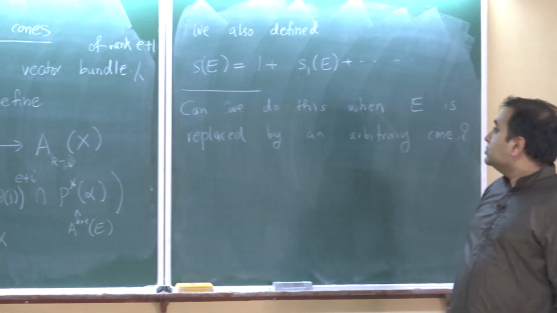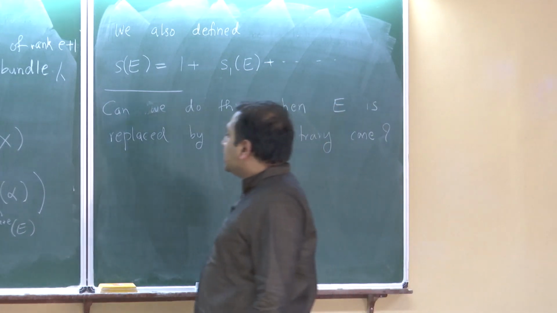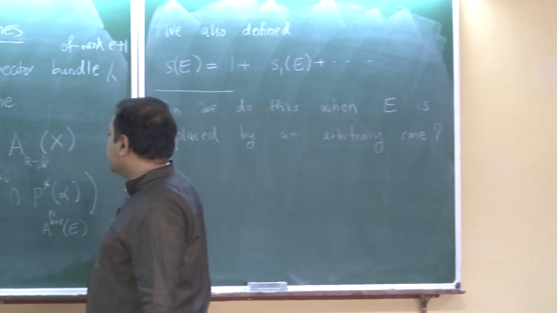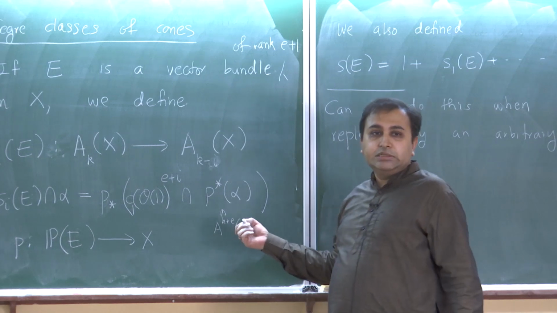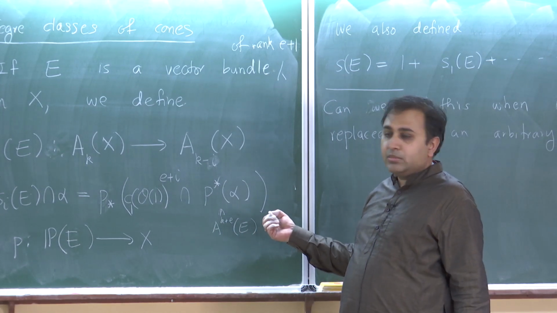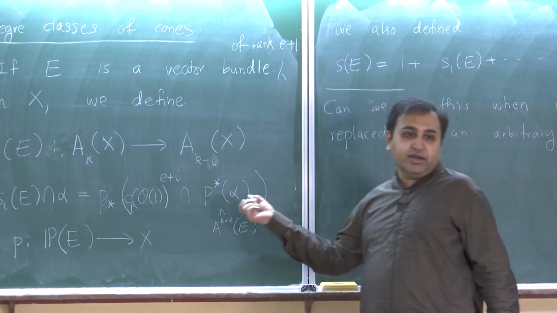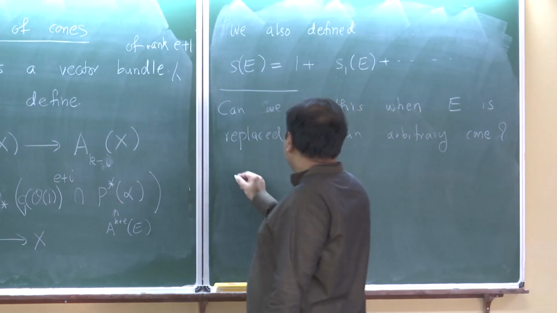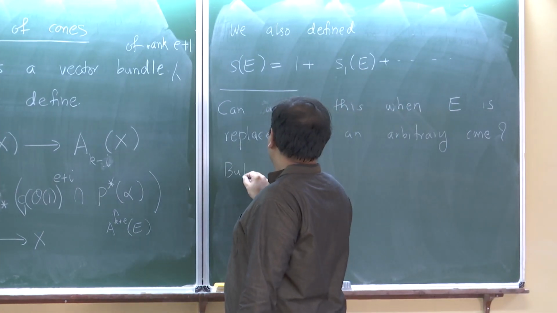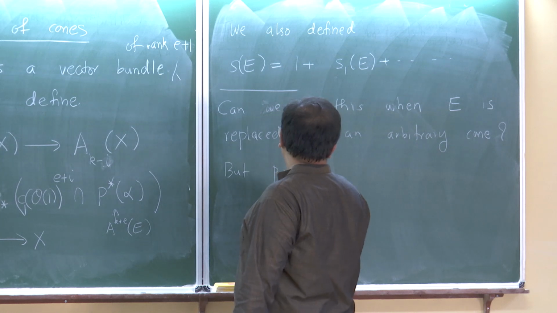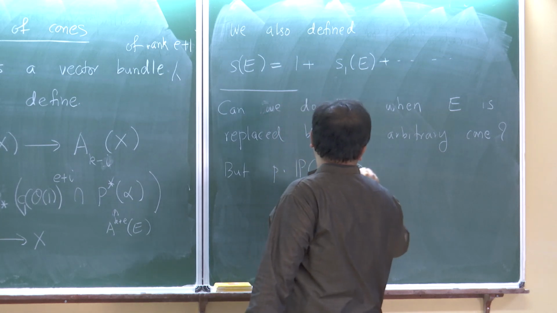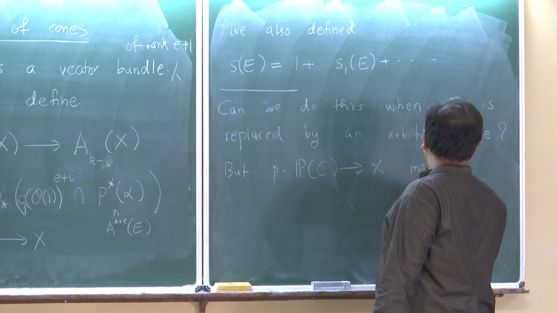So can we do this? What would be the first obstacle? This p from P(C) to X may not be flat.